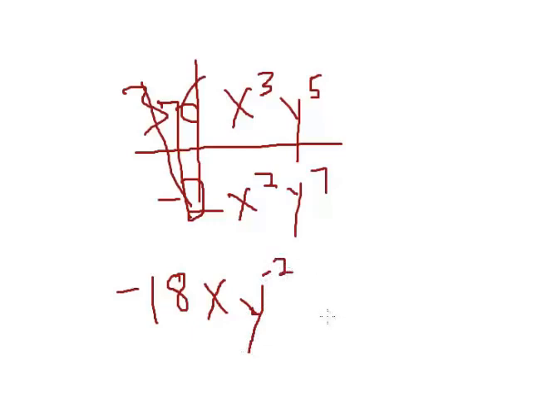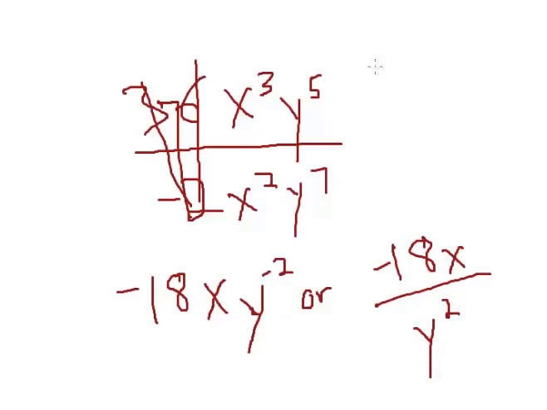That's one correct way of doing it. Another way you can do this is you can just leave it as over y to the second. In other words, you can just leave the bigger one, which is the 7, over here on the bottom. So you can say negative 18x, and you can leave it over y to the second. In fact, these two expressions are the exact same thing.